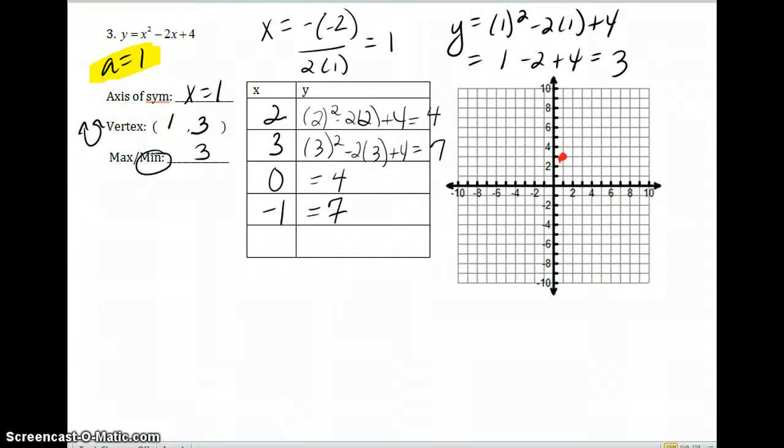So 2, 4, and 0, 4. And then 3, 7, and negative 1, 7. Label your vertex. Draw in the axis of symmetry. Remember, the axis of symmetry should be a dashed line. And then label the axis of symmetry as well.